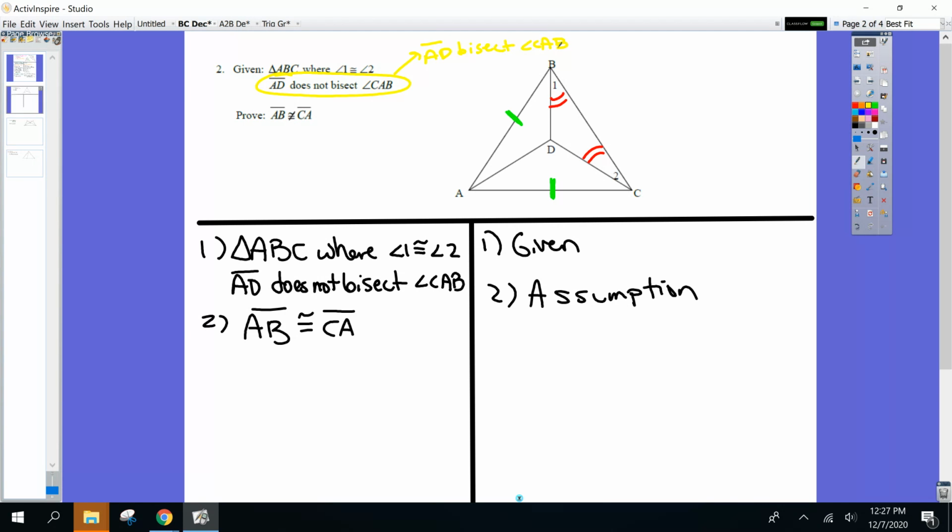I don't feel good doing that. How do I show AD is going to bisect CAB? Any suggestions? Open it up.